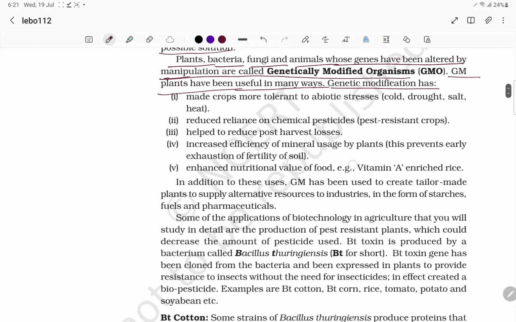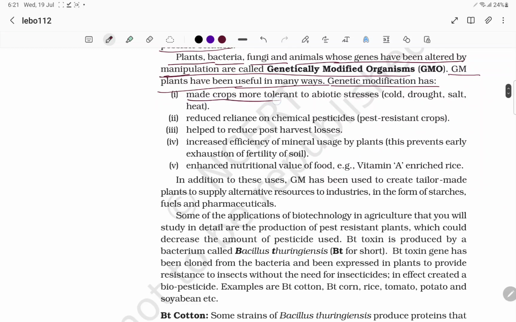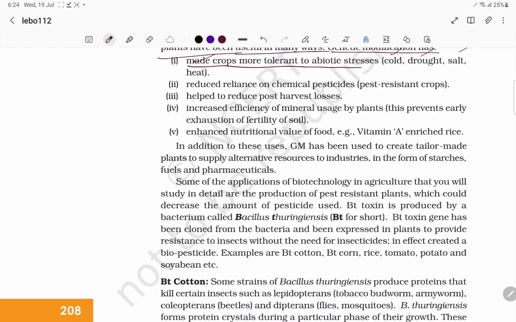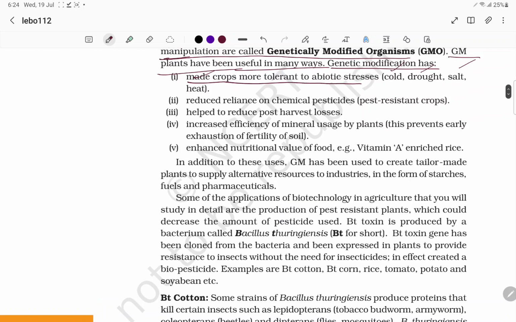Genetic modification has made crops more tolerant to abiotic stress. They are able to tolerate abiotic stress like cold, drought, salt and heat. There is also increased efficiency of mineral usage by the plants, which prevents early exhaustion of the fertility of the soil.